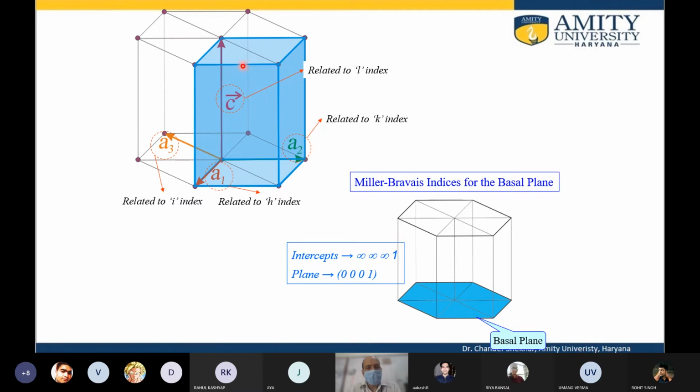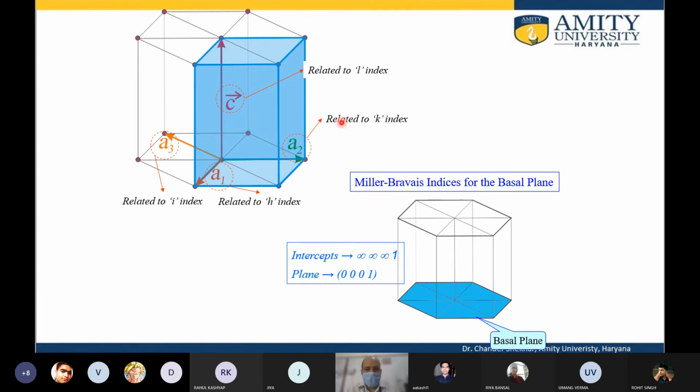Okay. With the Miller indices, we can have the primitive unit cell here, but if we want to define the hexagonal unit cell, then we need the 4th index, which represents the Miller-Bravais indices for the basal plane.